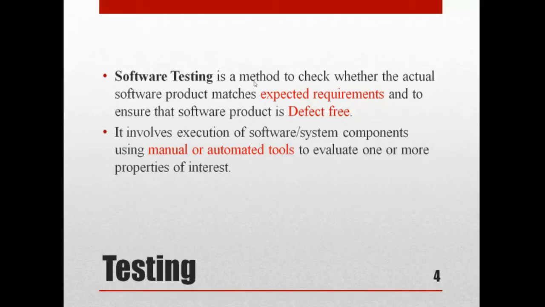Each module or component can be tested separately based on manual testing, or you can script it if you are going to do repeated tests. If you feel you are able to script it, you can script it, using automation tools to evaluate one or more properties of interest. So this is the basic idea of testing.